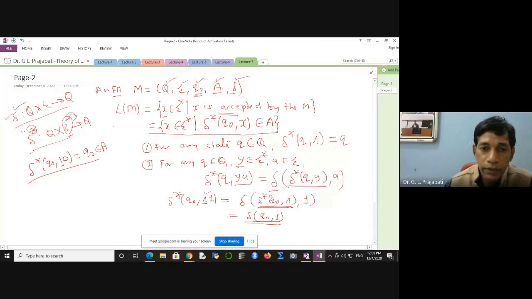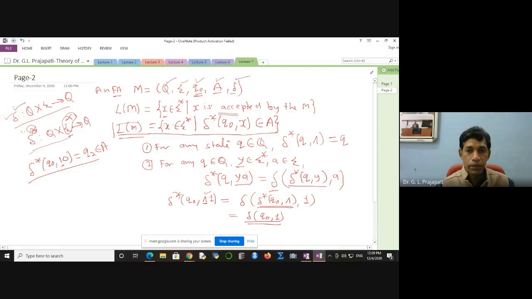This is the definition of the language accepted by the machine. So for a finite automaton M, the language accepted by M is the set of strings x such that starting from the initial state, on reading the input x, your machine must go to any one of the final states. This is the way you can define the transition functions of the machine.